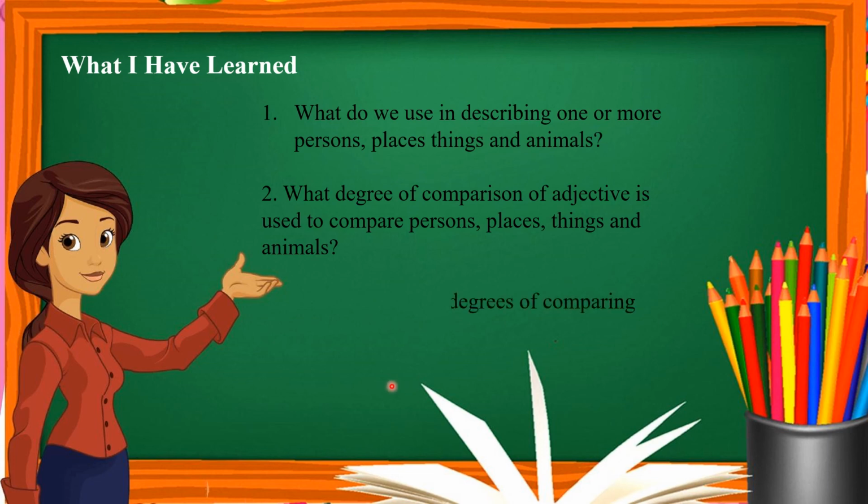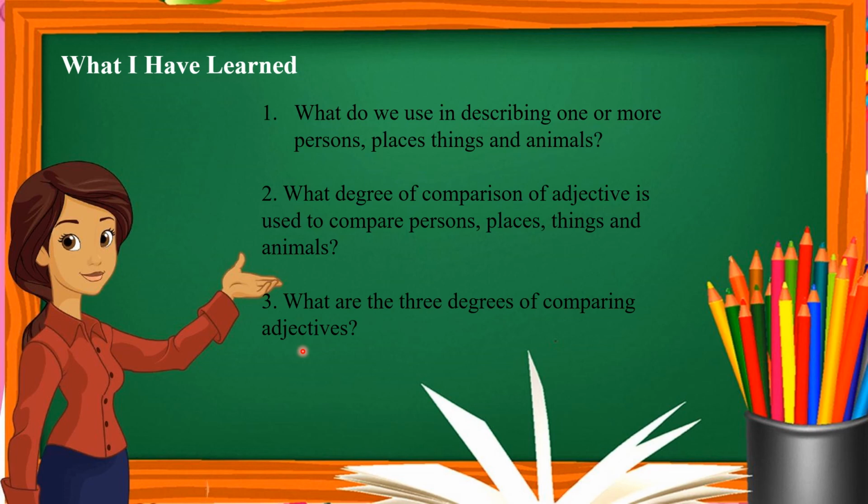Okay, next one. What are the 3 degrees of comparing adjectives? Everybody say it again. The 3 degrees of comparing adjectives are, number 1, positive. Another one, comparative. Next one, very good, superlative.